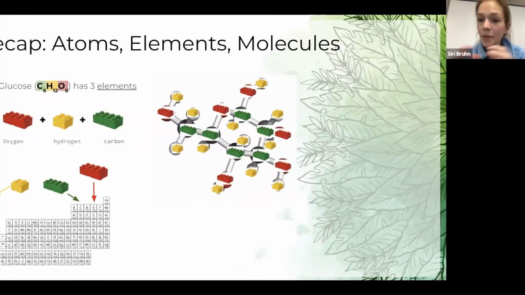And if I snap them together, that's my analogy for forming bonds. And then I have a glucose molecule, which is all of those atoms connected. So the type of atom is the element. The Lego or the piece itself is the atom. And I snap them all together or bond them all together to make a molecule.